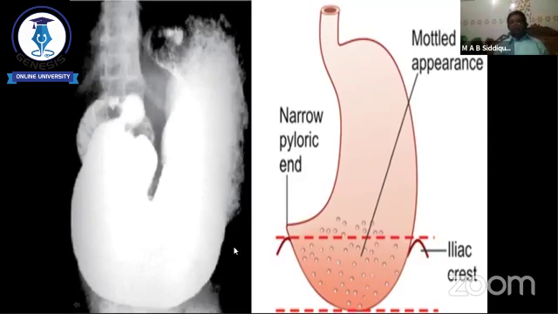Actually, this contrast X-ray is a series of X-rays, but in OSPE there is no scope to show you multiple X-rays. That's why we use a single X-ray with a scenario, so that you can understand what we want to see, what we want to know from you.